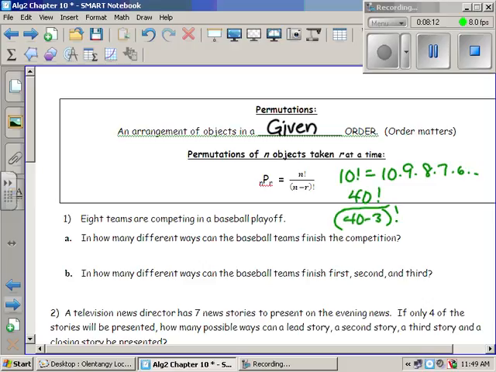Because you think about it, 40 factorial means 40 times 39 times 38 times 37 times 36, all the way down. Okay? And 40 minus 3 starts at 37. So it's 37, 36, all the way down, right? So the 37, 36, all the way down, they start canceling out. So really, the answer is just 40 times 39 times 38. So it's not that awful if you had to do it by hand. But you don't, which is nice.